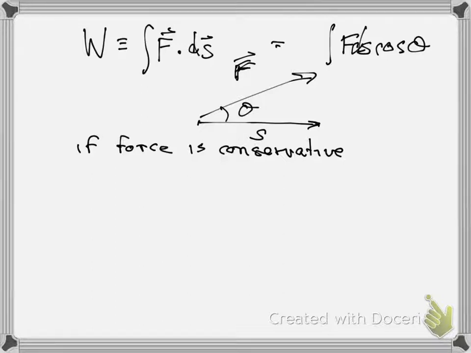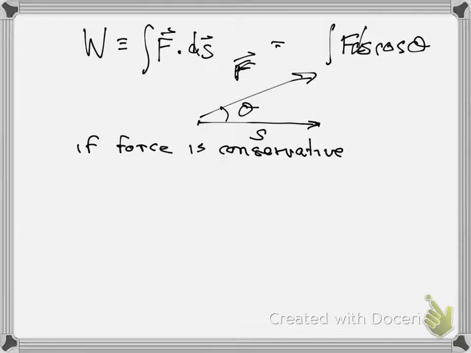It doesn't matter what path you've taken to go from the top of the building to the bottom. You could take an elevator, you could take the stairs, you can go down one stairwell, up another stairwell, and down the elevator. But the work done by gravity only depends on your starting point and your ending point. If you've gone down, the work done by gravity is mgh, where h is the distance that you've gone down, regardless of how you got there. That's what it means to be conservative, that the work is independent of path.